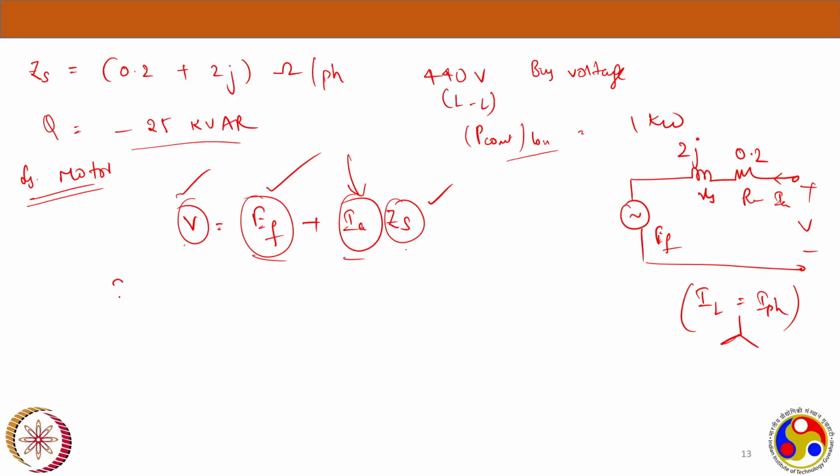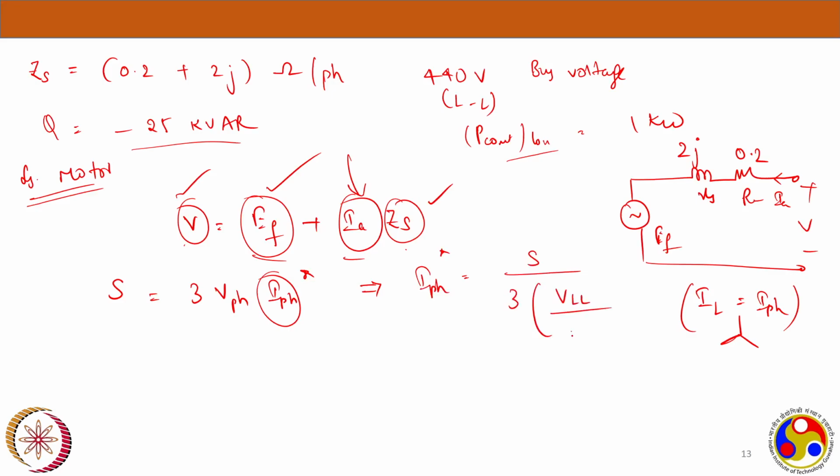You know the apparent power, right? S is equal to 3 V phase I conjugate. This is what we need to calculate now. In order to calculate I phase, conjugate, it is S divided by 3 into V phase, which is nothing but V line to line by root 3. Now what is S here? P plus jQ.